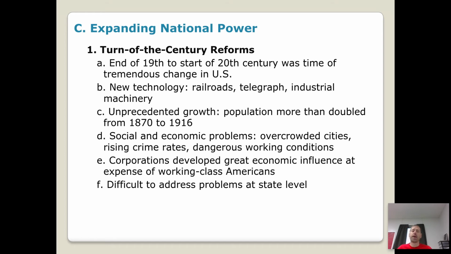And those brought about a whole host of problems, social problems and economic problems, overcrowded cities, crime rates, dangerous working conditions, the expansion of huge corporations forming into monopolies. And the states just weren't equipped to handle such a huge issue like monopolies, like the dangerous working conditions in factories all across America. And so the states just couldn't do it.